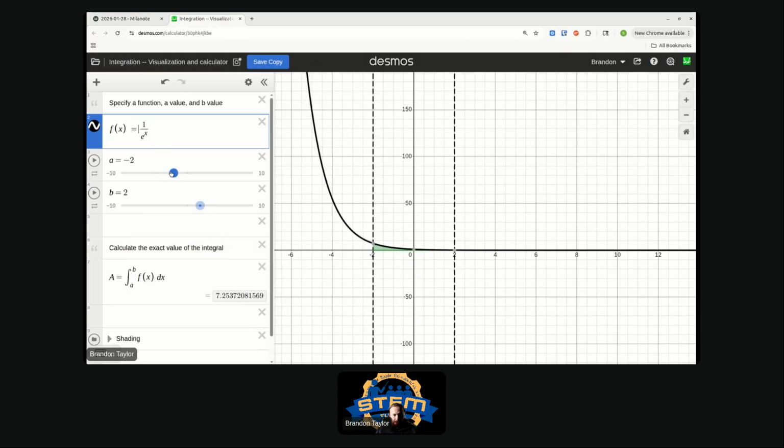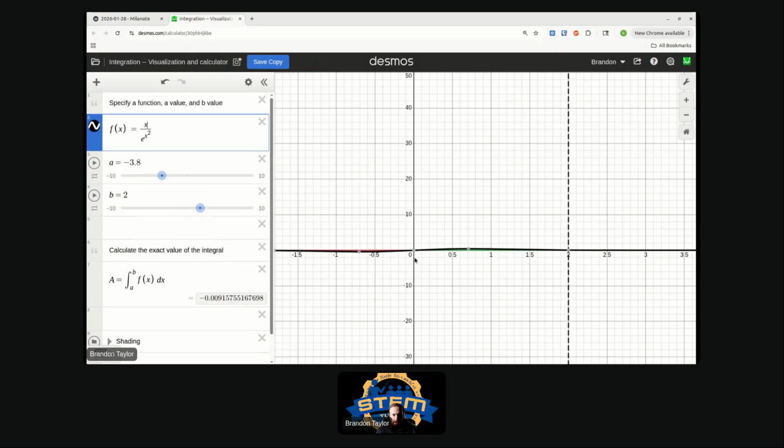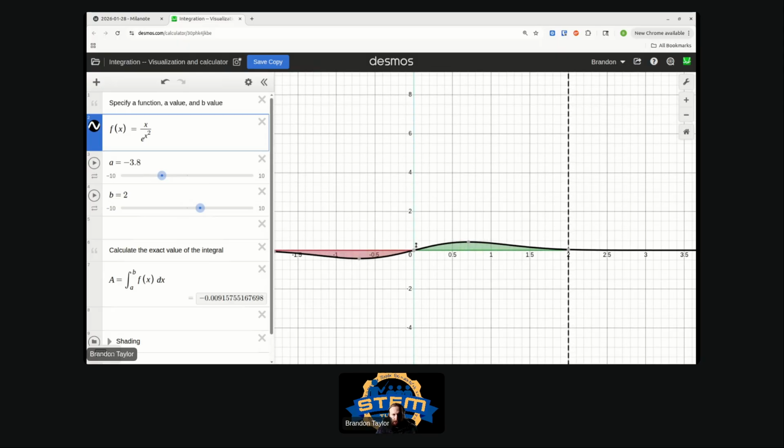This is actually a bad example because this one will diverge. Let me see if I can come up with a better example here. Let me try this: e to the negative x squared over x. There you go. Let me scale this up so it's easier to see.